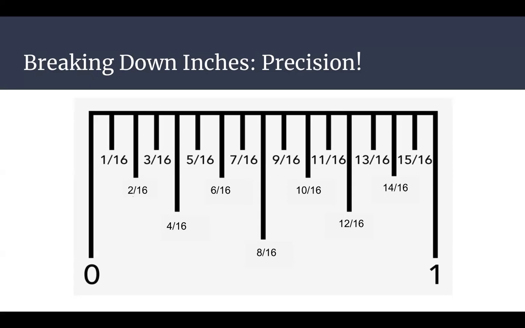Measurements include fractions that tell us we are not quite to the next whole inch. Starting at the 0, 1 line in is 1/16, 2 lines in is 2/16, 3/16, etc. I want to go over to the 15/16.